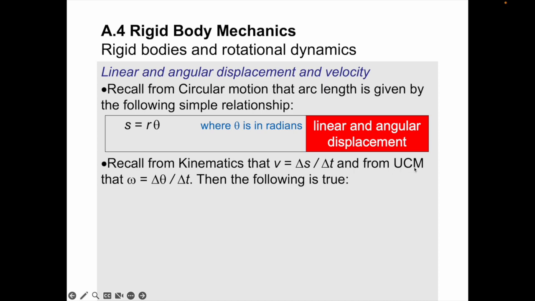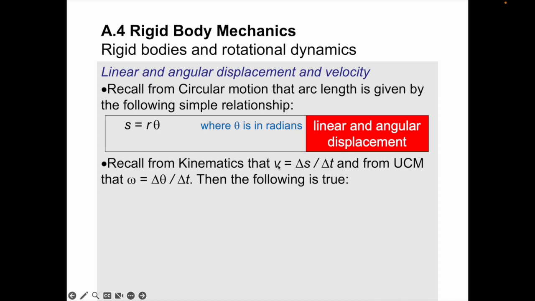And from uniform circular motion, we can say that the angular velocity is equal to the number of radians per unit time. And that's exactly what this s is telling us: theta in radians times the radius of the circle gives us the linear distance. So this is a linear and angular displacement conversion.